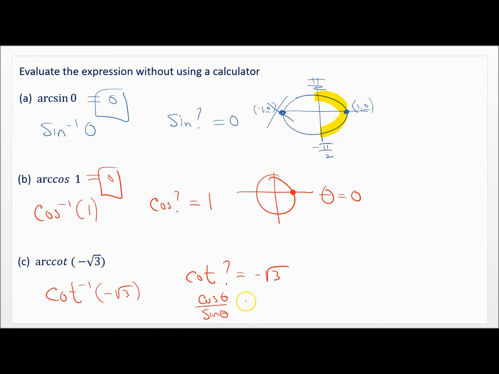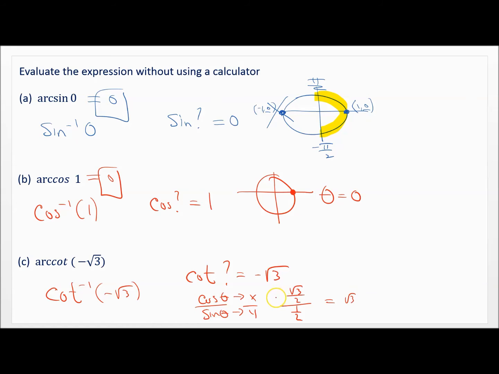If you're thinking about that in terms of the unit circle, that's an x value over a y value. So I'm asking myself, what combinations of numbers would give me negative square root of 3? Okay, well, how about if I have square root of 3 over 2 in the top and say 1/2 in the denominator? Now, if you invert and multiply, you notice that will give you square root of 3. The 2's will cancel out, but how do you get the negative?